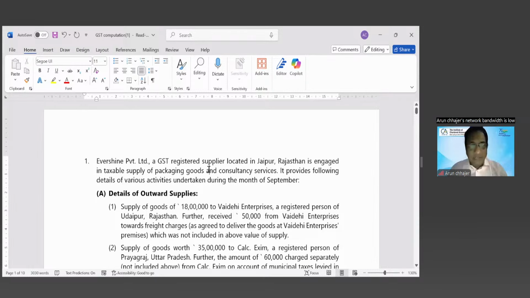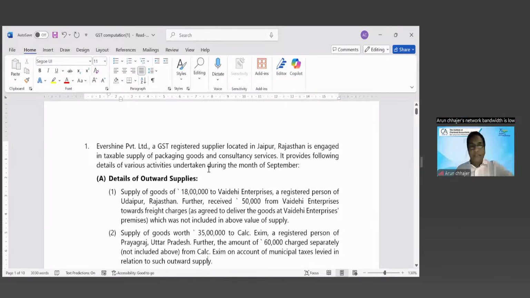Ever Sign Private Limited, a registered supplier located in Rajasthan, is engaged in the taxable supplies of packaging goods and consultancy services. It provides the following details of the various activities undertaken. The supply of goods worth rupees 18 lakh to Vedi Enterprises, a registered person of Udaipur, and it further received rupees 50,000 from Vedi Enterprises toward the freight charges, which was not included in the above value.